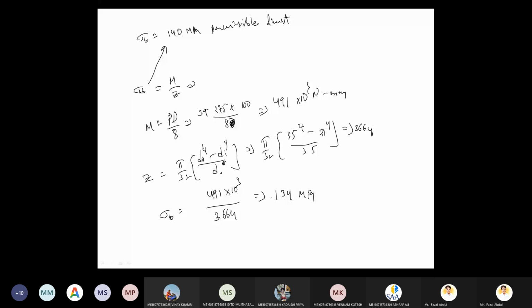That is sigma b. Our calculated value is 134, and the permissible limit is given as 140. Our calculated value is less than the permissible value, so our design is safe.